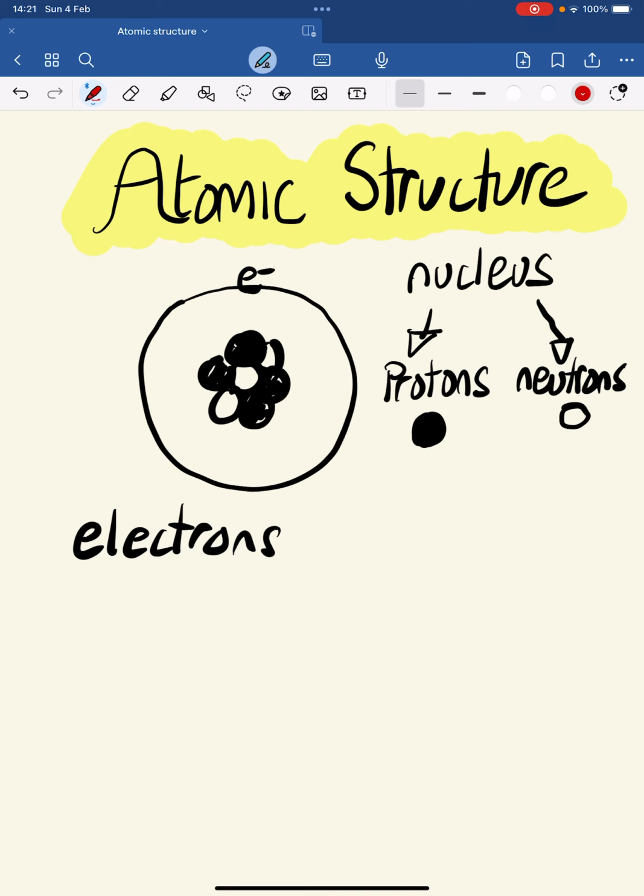So protons. Inside our nucleus, this is what makes up our atomic mass. So the protons and neutrons equal the atomic mass.